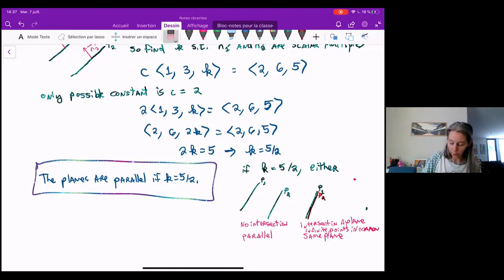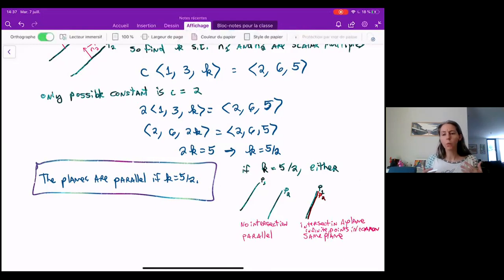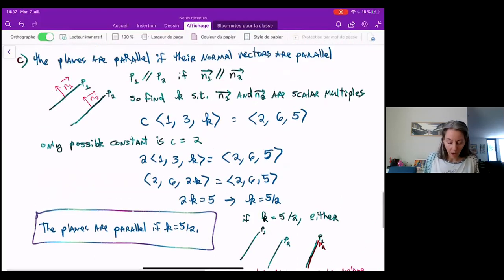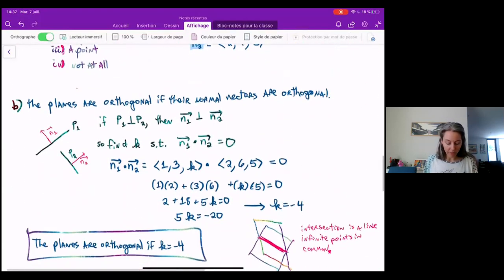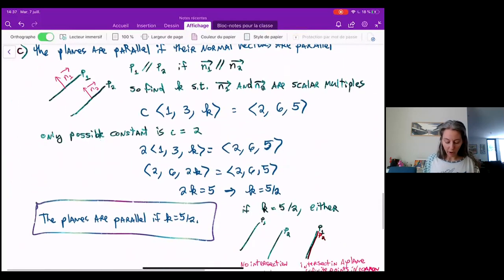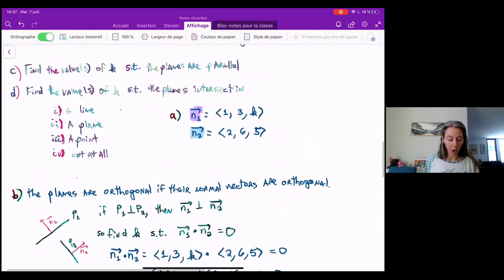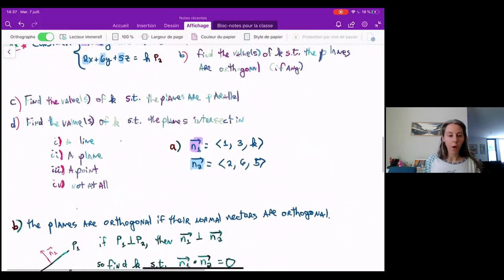Okay, so again, we're going to use this to do the last question, or really to talk about the last question. All right, so I got my normal vectors. I have k equals -4 to make my planes orthogonal. I have k equals 5 over 2 to make my planes parallel. Now, for the last question, I'm really doing a consistency condition question.